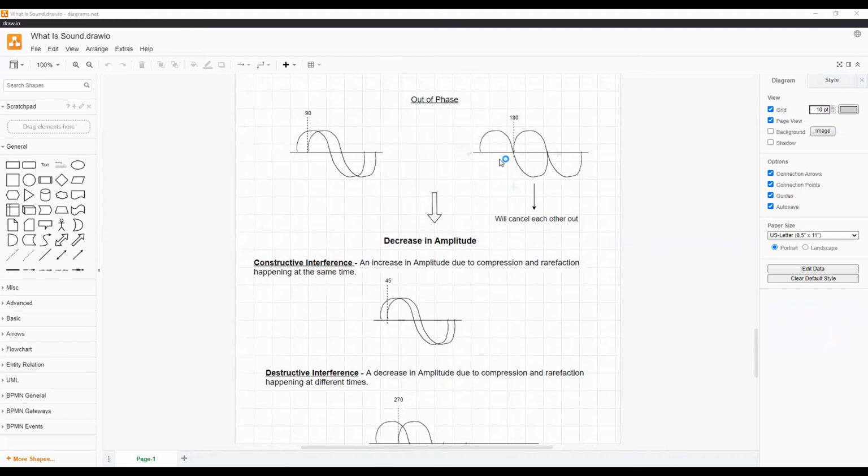This example is a little more special, like the first one, because if the first wave begins at 0 degrees, and then the second wave begins at a shift of 180 degrees, they will actually cancel each other out.